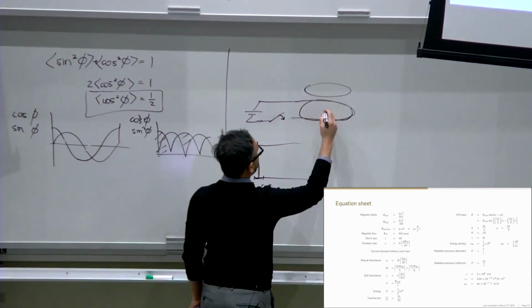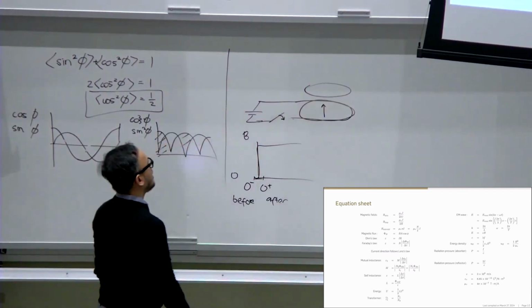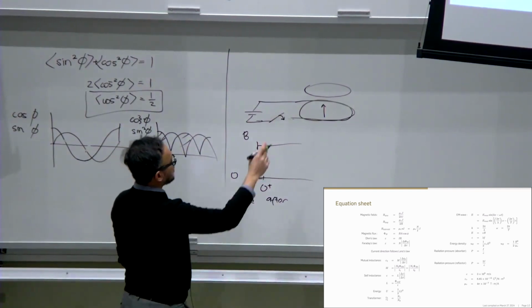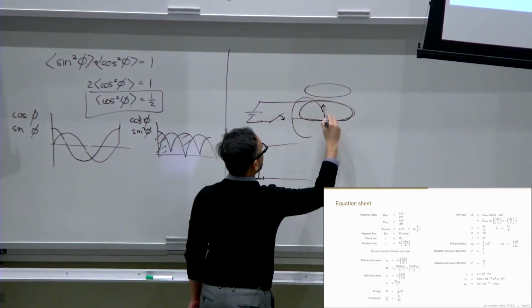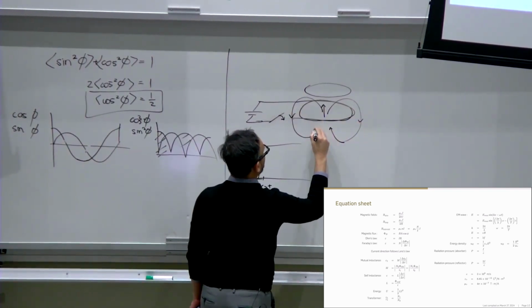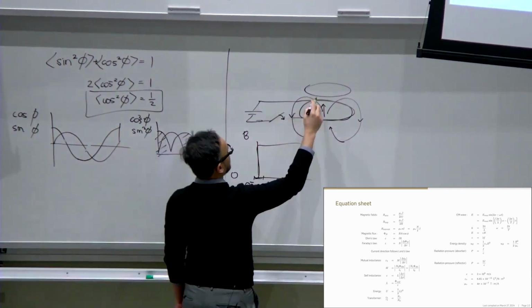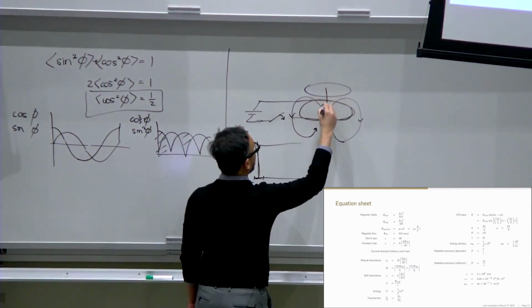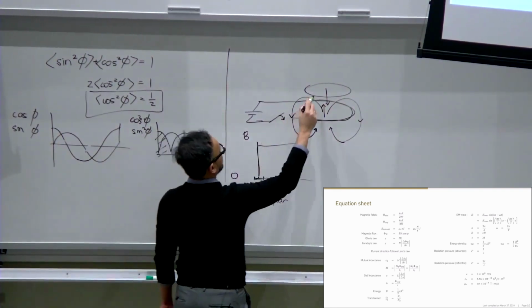Let's say the magnetic field points up, then to reduce the change of flux, it will induce a magnetic field towards the opposite direction.